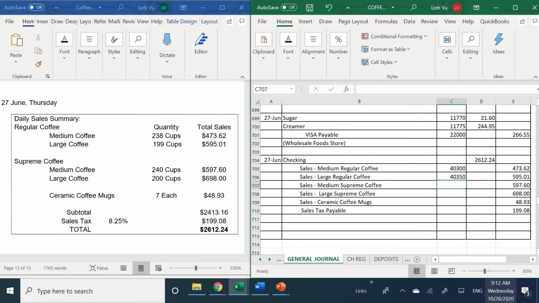Medium supreme is 40450. Large supreme sales is 40500. And the ceramic coffee mugs are 40150. And sales tax payable is 27000. And last one, checking account. Checking is 10100. Good.